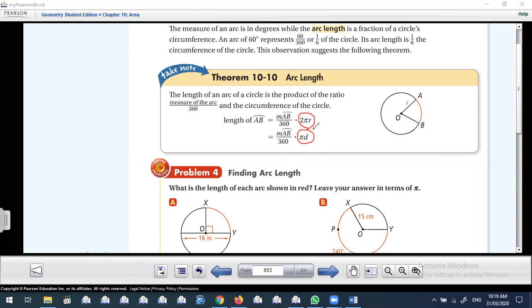Again, the length of any arc equals the measure of this arc over 360 times 2 pi r, or the measure of this arc over 360 times pi d, whatever you have. If you have radius, you are going to use this rule. If you have diameter, you are going to use this rule. Let's solve exercises to understand this part well.